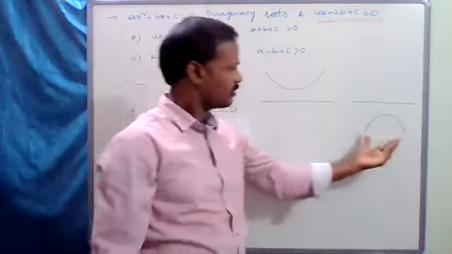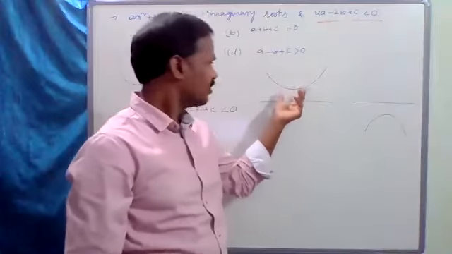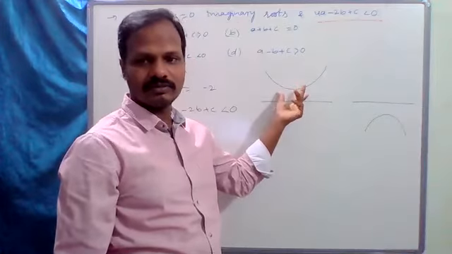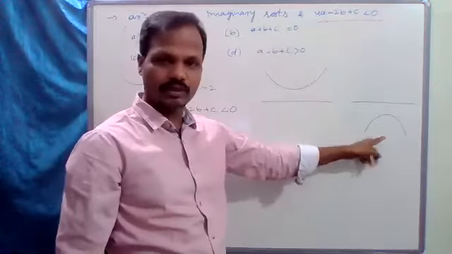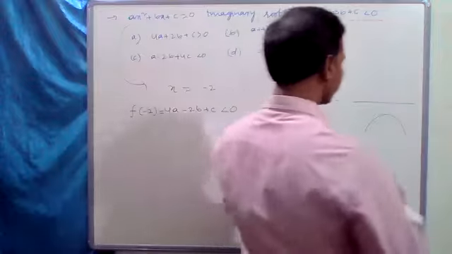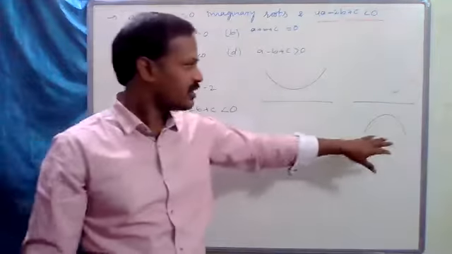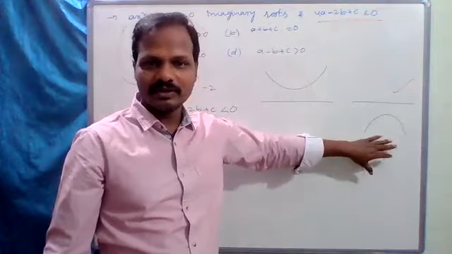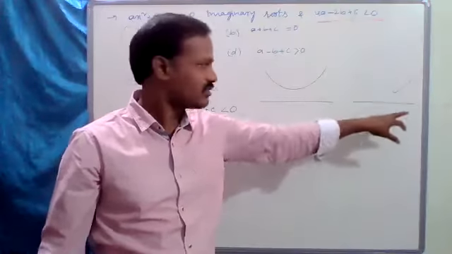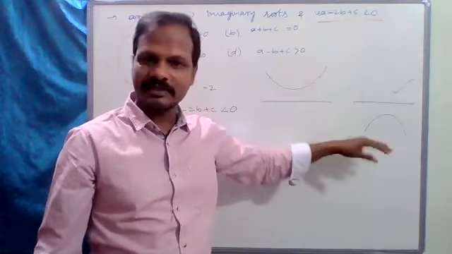So negative means this one, obviously, because here all values are positive, but f of minus 2 is negative. That means this is our graph. So if you take any x value, the given expression is negative.